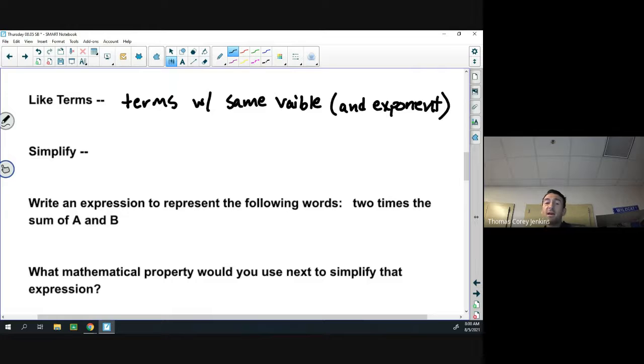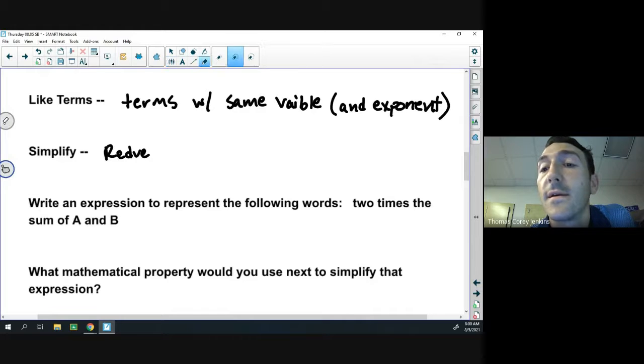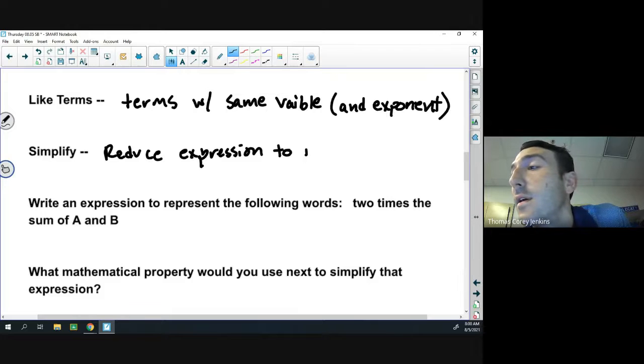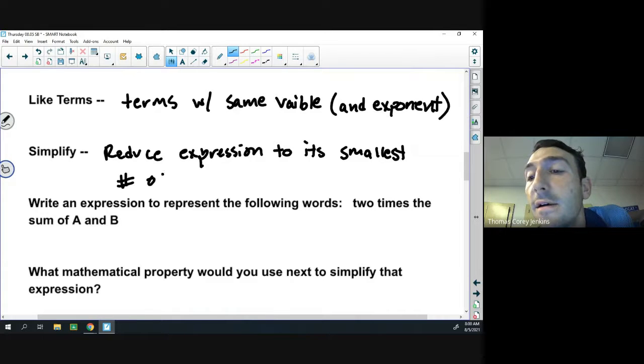So what's it mean to simplify anything really? So we would just say to reduce an expression to its smallest number of terms.